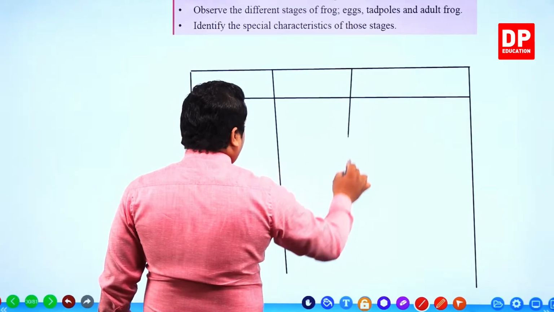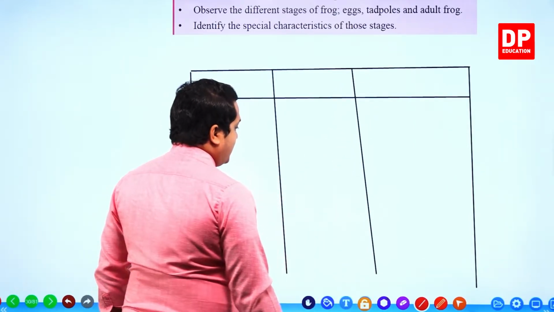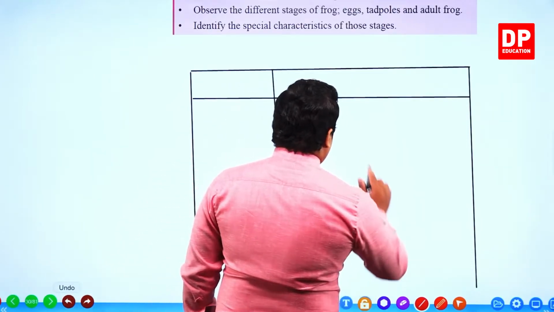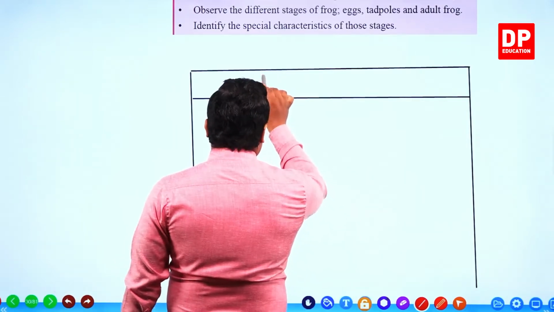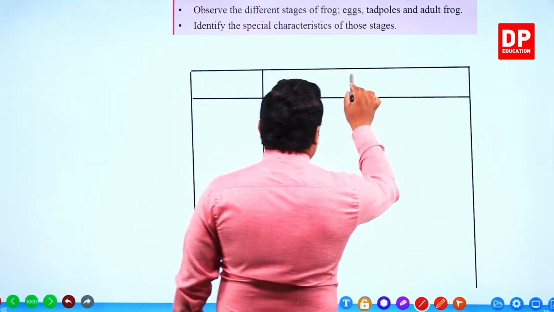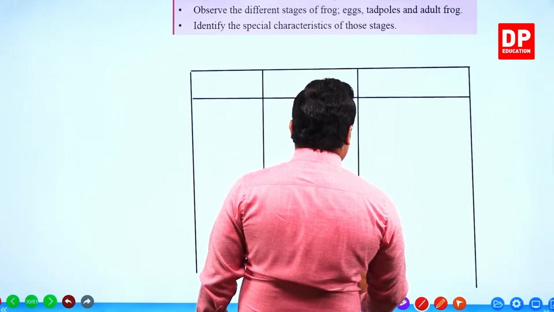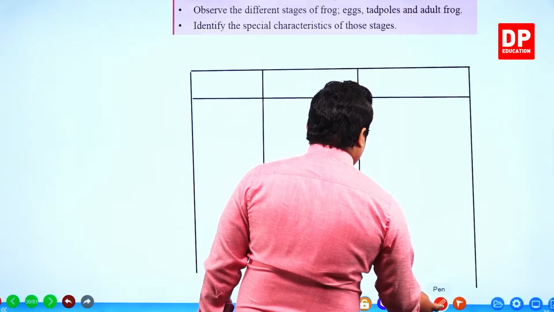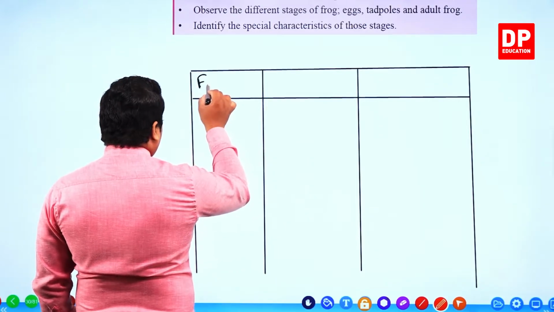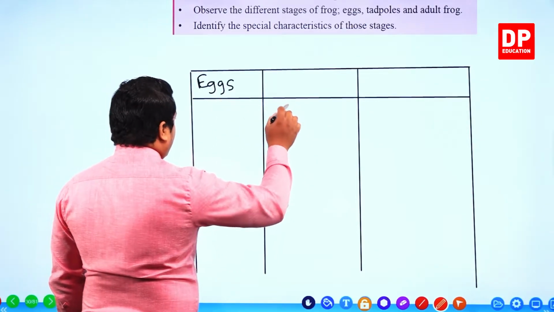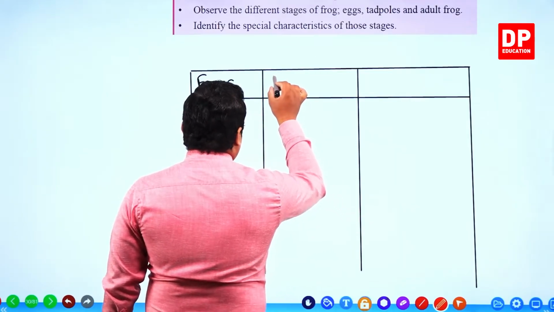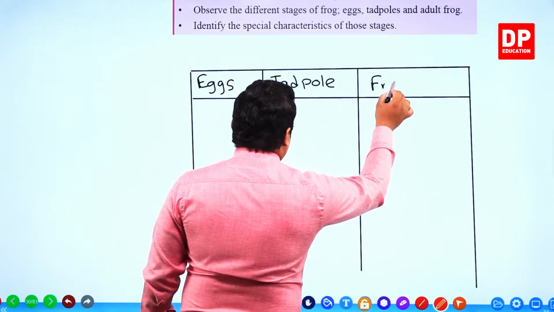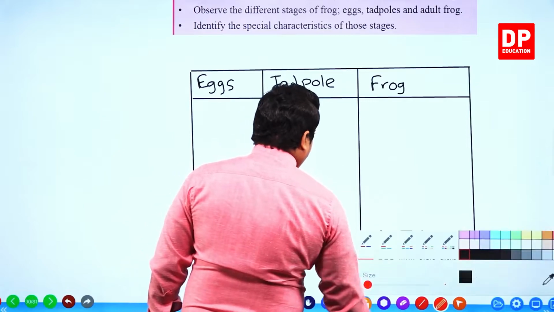There's not that much to write down in the eggs column. However, if you take the stages of tadpole and the frog, there are several differences. So this is tadpole, then the frog. We are going to observe what the differences are.